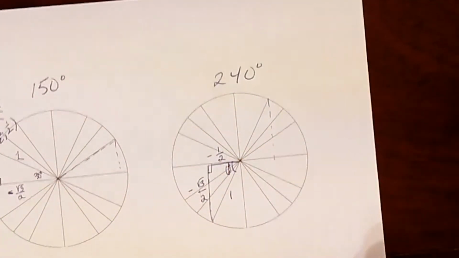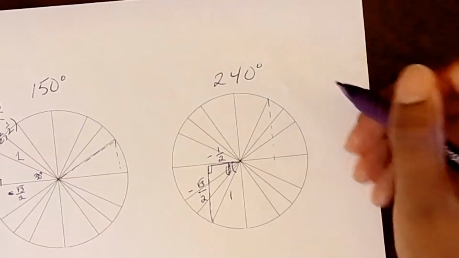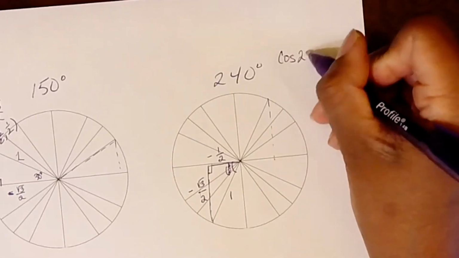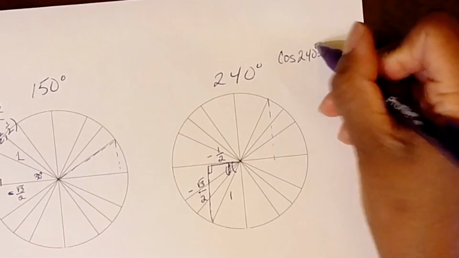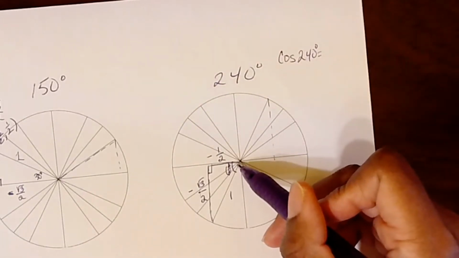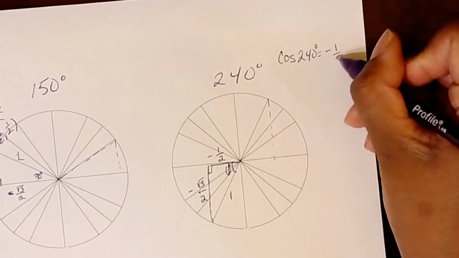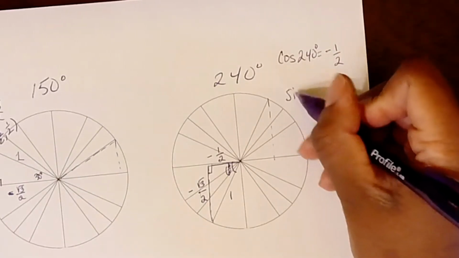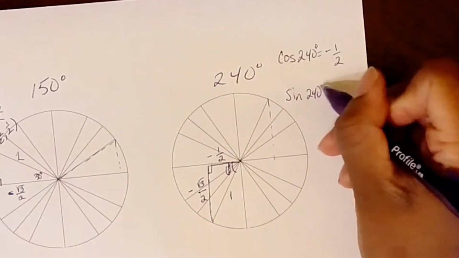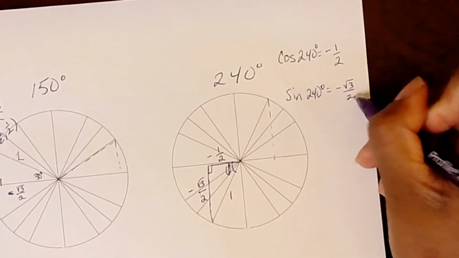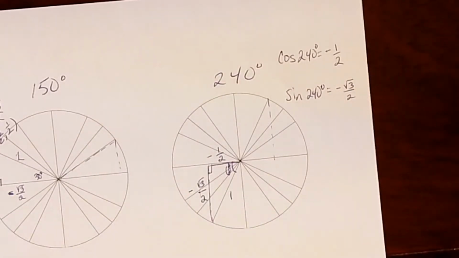So I'm going to put negatives in front there. So now we have cosine of 240 degrees is equal to adjacent over hypotenuse, and in this case it would be negative 1/2. And sine of 240 would be negative square root of 3 over 2 divided by 1.